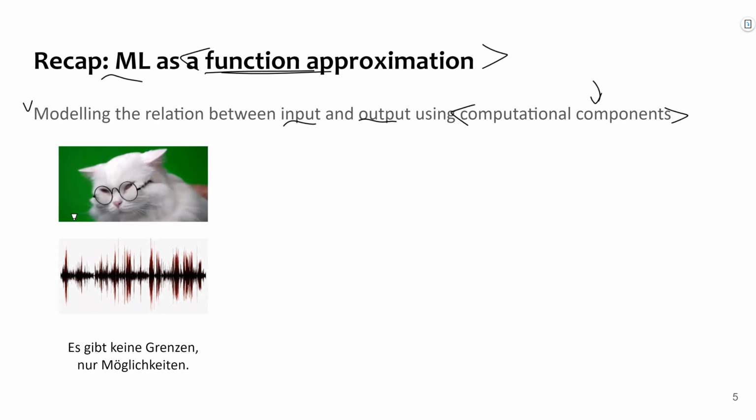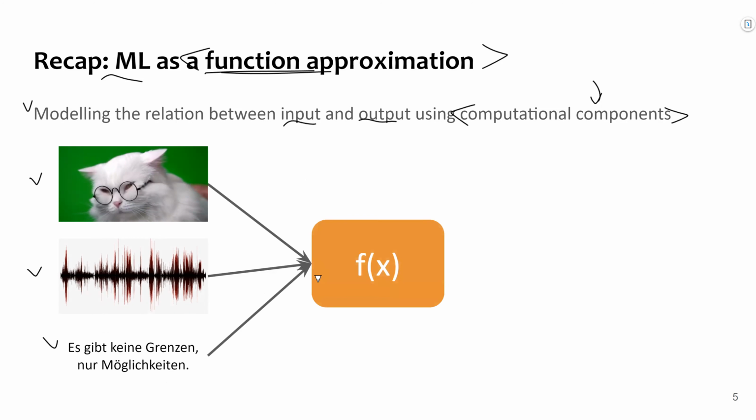To give you an example, let's say we have these 3 types of input: a picture of a cat, an audio signal, and a German sentence, "Es gibt keine Grenzen, nur Möglichkeiten." And let's say we have a machine learning model.